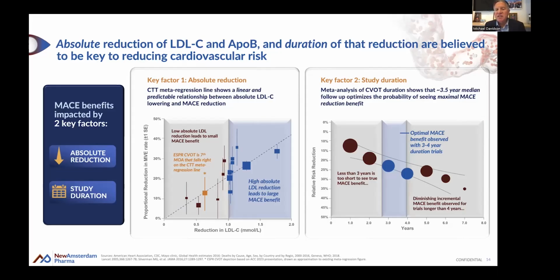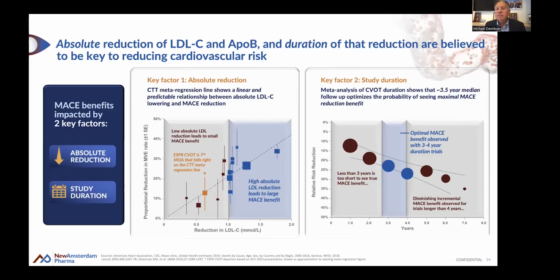And if you see the CTTC line, it's absolute LDL reduction and event reduction. In fact, the most recent Visperion, the bempedoic acid trial, is right on the line at 13% with a 23 milligram per deciliter drop in LDL. So that's consistent with the absolute LDL lowering showing a benefit on the line.